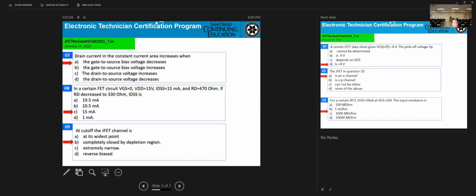If RD decreases to 330 ohms, IDSS equals what? The answer will be C, 15 milliamps.